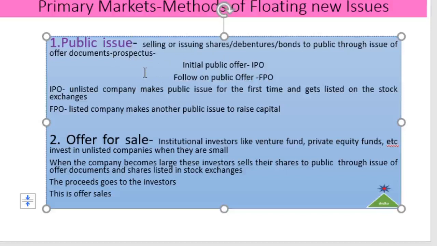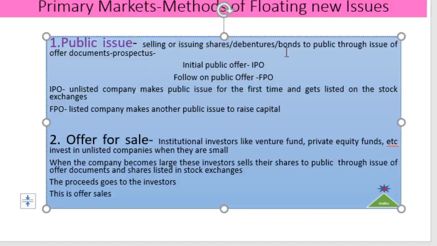That is, provision of securities, bonds, debentures, etc. to the public through the issue of a document which is known as offer document or prospectus. This is one of the important methods of selling securities in the primary market.